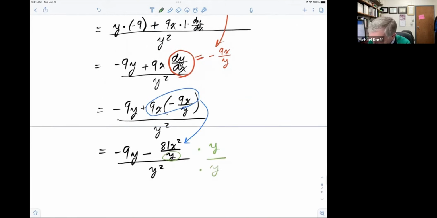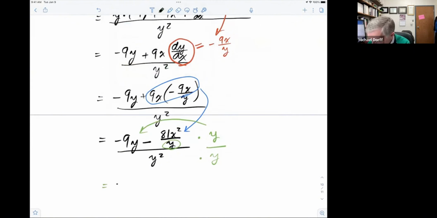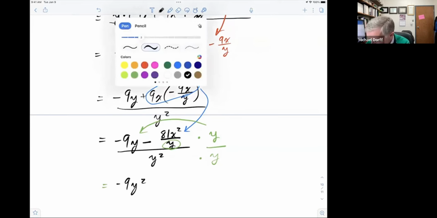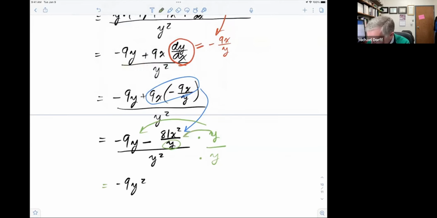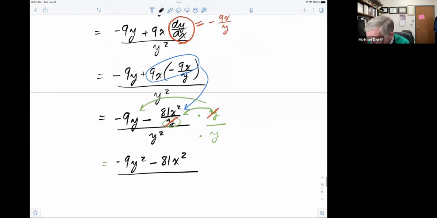When I multiply the top by y, I get minus 9y squared. Then y times the other term, the y in the denominator and the y cancel out, and I'm just going to get minus 81x squared. In the denominator, I get y cubed.